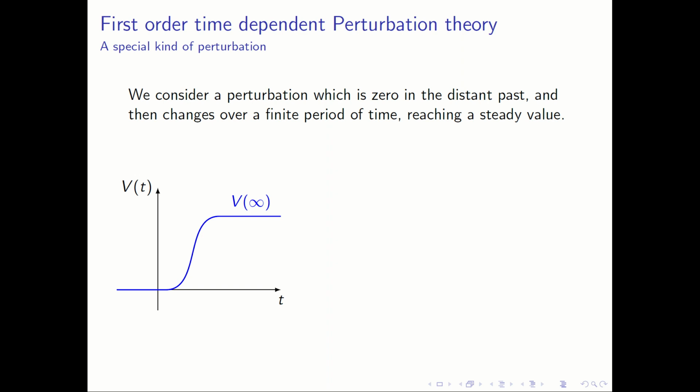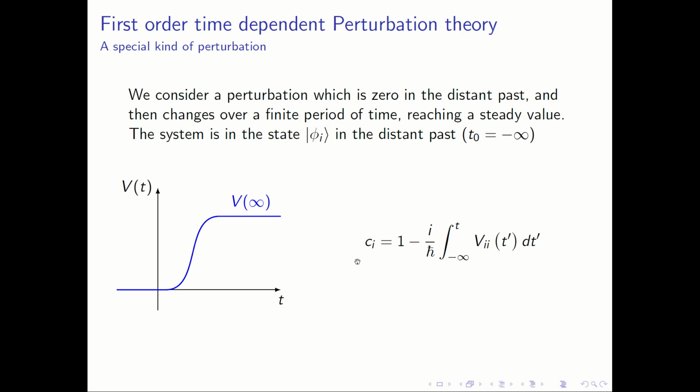So now, if we calculate the way the coefficients C_n change, C_i in particular, the state in which you are in initially, the coefficient for that has a delta_ni, which is of course 1 in this case because it's delta_ii, minus i by h cross.